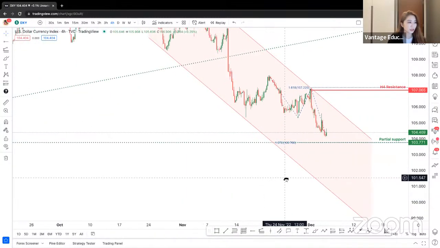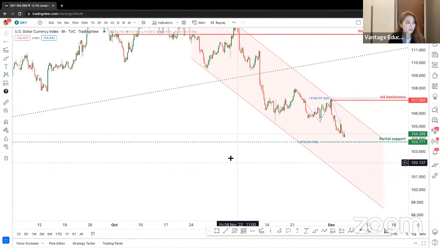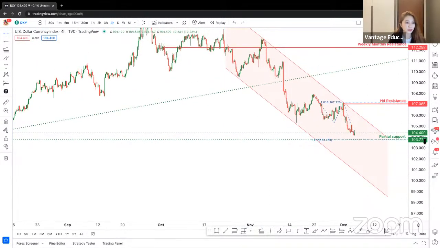This is what we are looking at right now. So right now, I would say that the DXY is still in the midst of going downwards on the bigger trend. Definitely going downwards on a bigger trend.